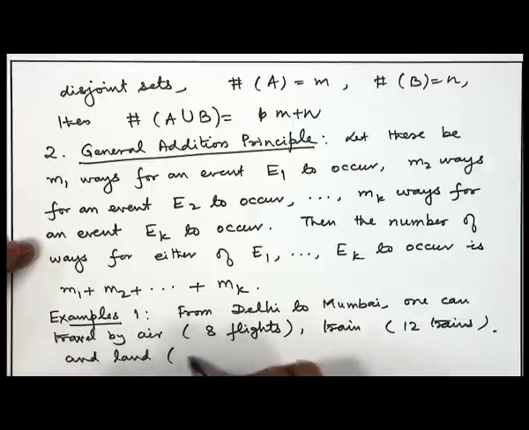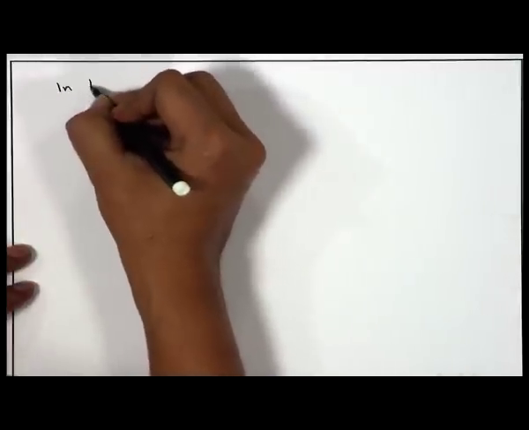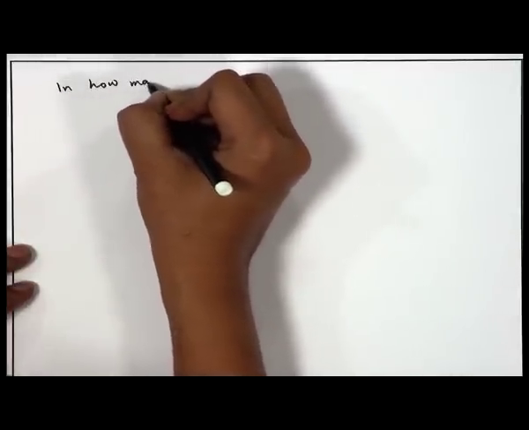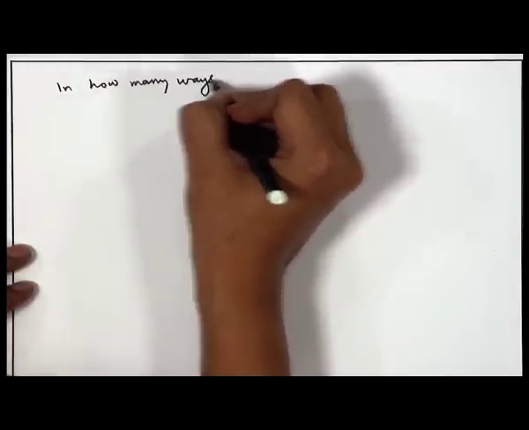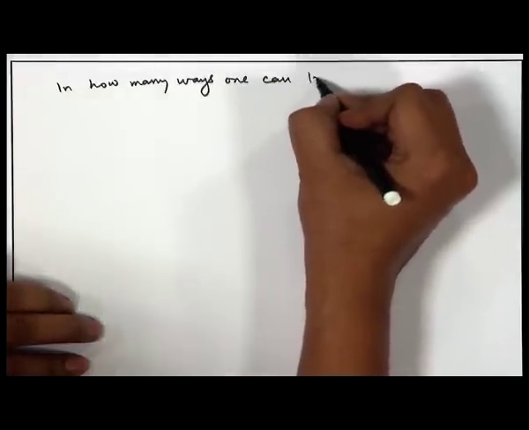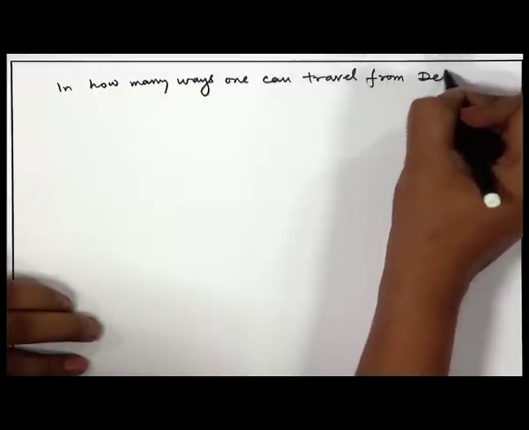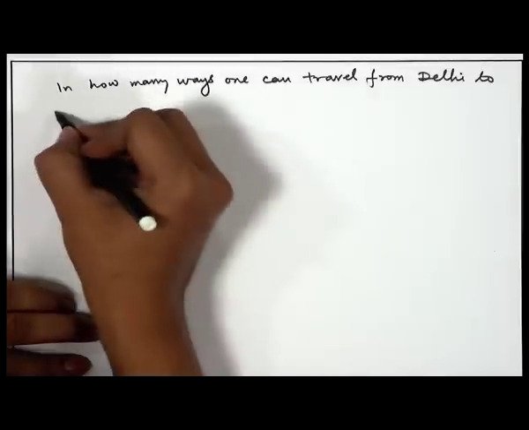And in land he can use long distance bus service, or he can use a car. Then in how many ways can one travel from Delhi to Mumbai.